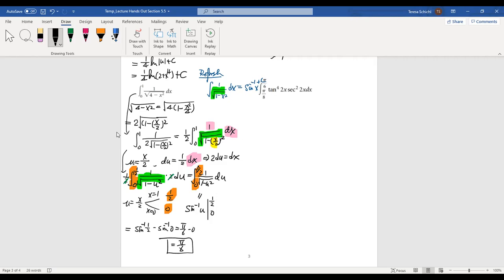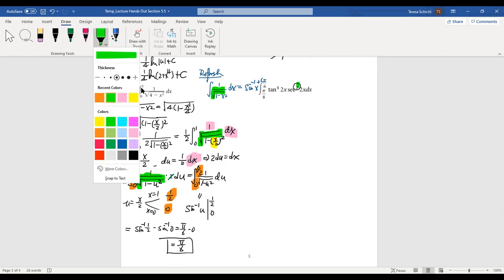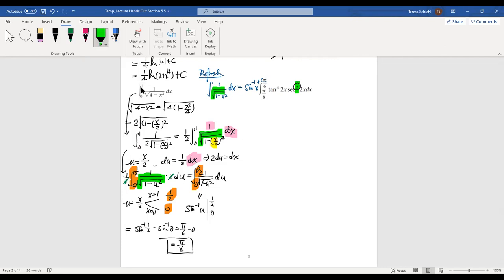Okay, so now for the next one here, I have tangent to the fourth of 2x times secant squared 2x. So for this one, I need to decide which one will be my function. Obviously, I think this exponent is going to be my function. But if I choose this one, for example, as my function, that means your u is going to be secant 2x.